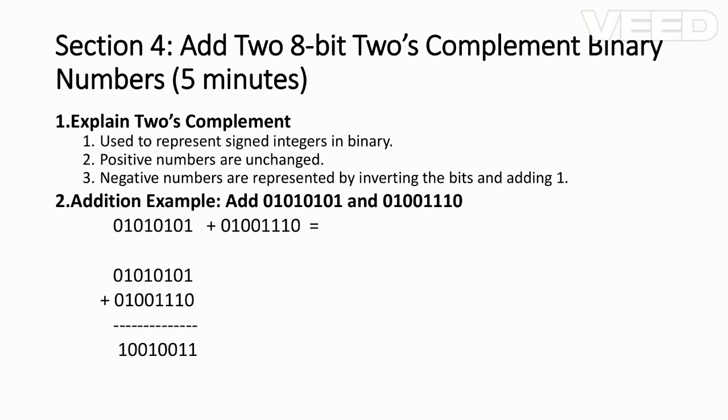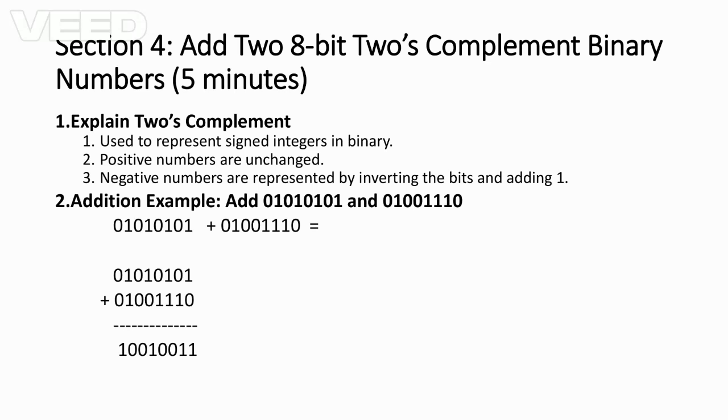We use the signed integer representation like normal addition. These are positive numbers, so they are not changed. When they are negative numbers, we always invert and add 1, which we shall see in the next class.